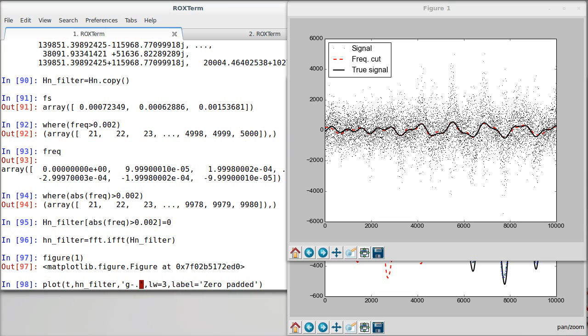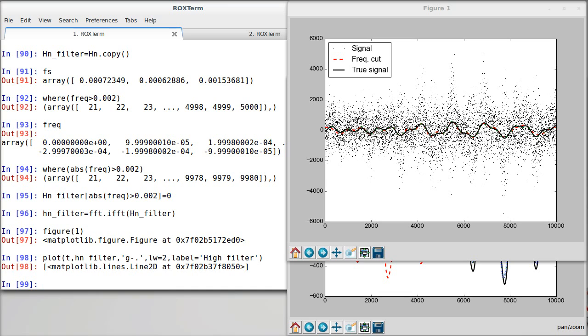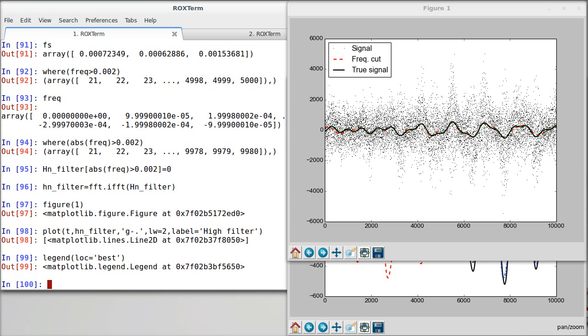We'll use the green dash dot line since I like that one. We'll call this high filter, just to give it a silly name. And we plot that in there. Now this is kind of hard to see because this is kind of noisy, but let's put the legend in there. We might sort of be able to see it.